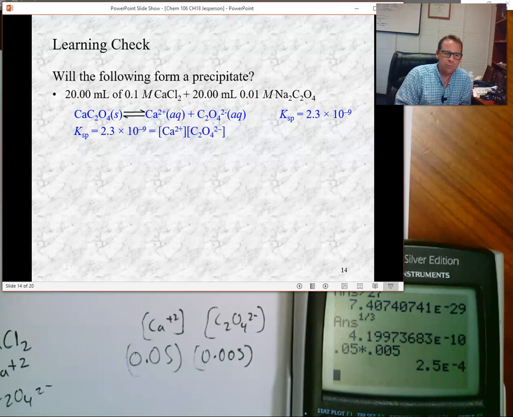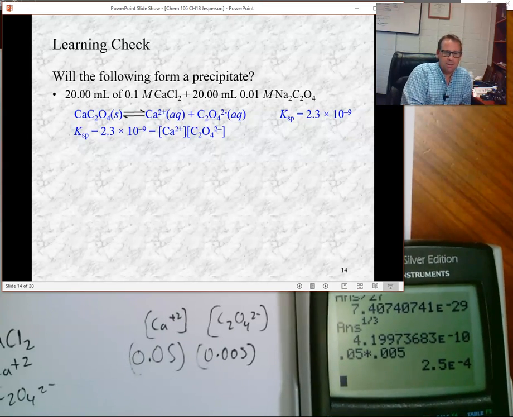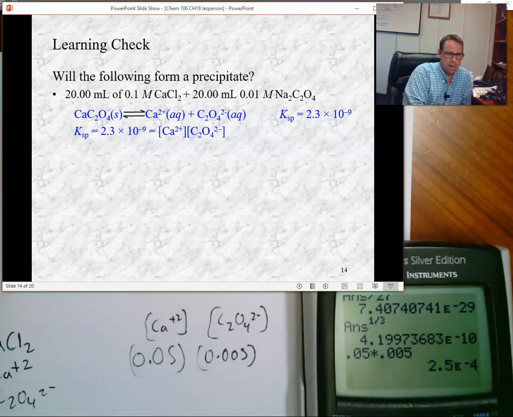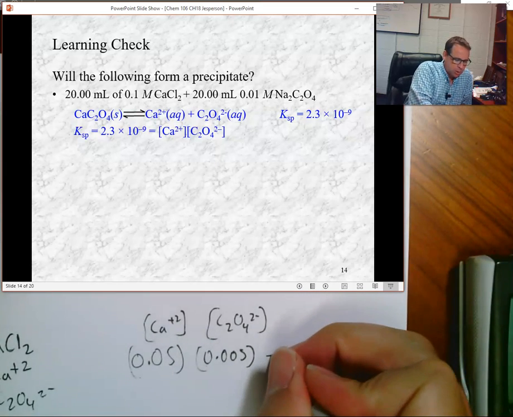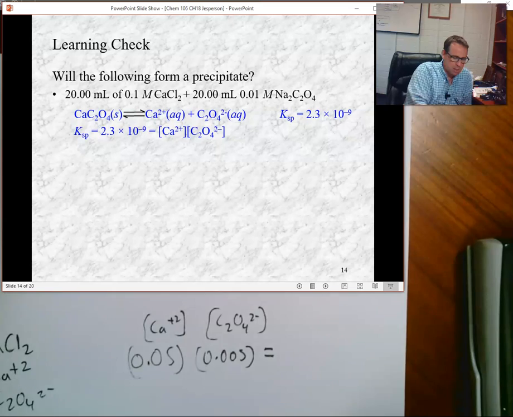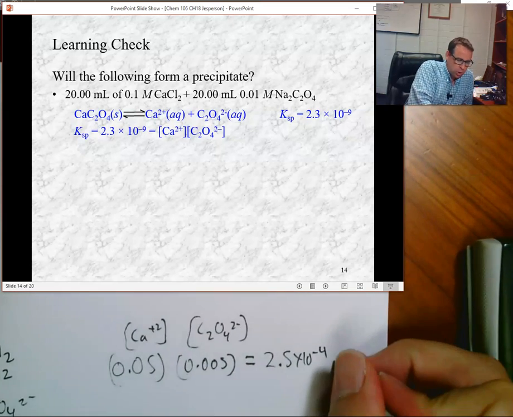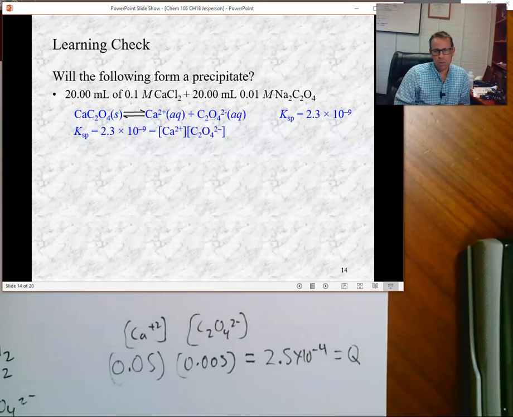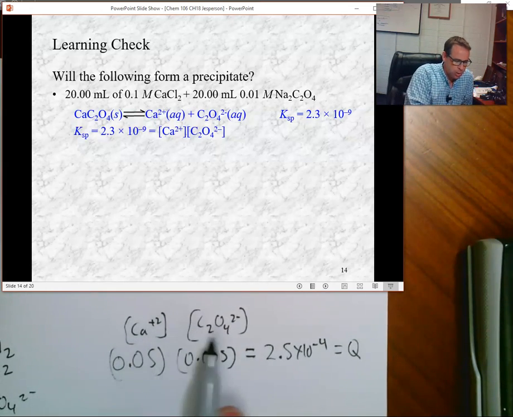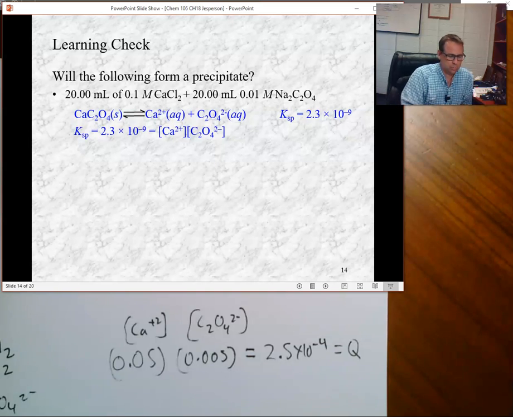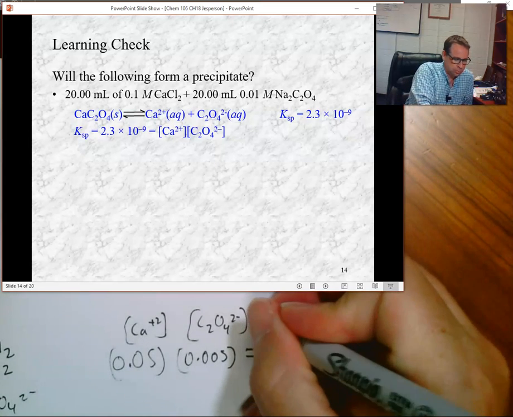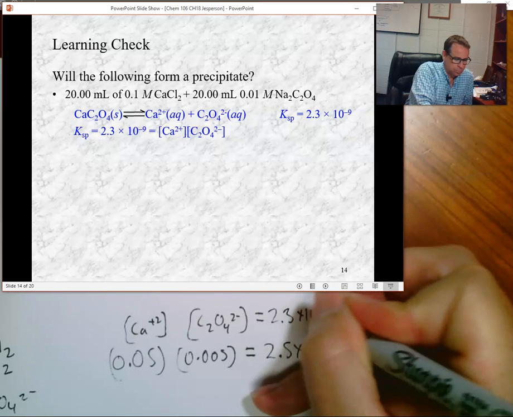2.5 times 10 to the minus 4. That means, and we said at equilibrium, so 2.5 times 10 to the minus 4 is now my Q, that's the current quotient. But at equilibrium, what will these concentrations equal at equilibrium, Brielle? 2.3 times 10 to the negative 9.